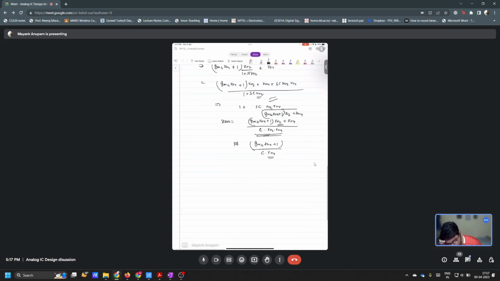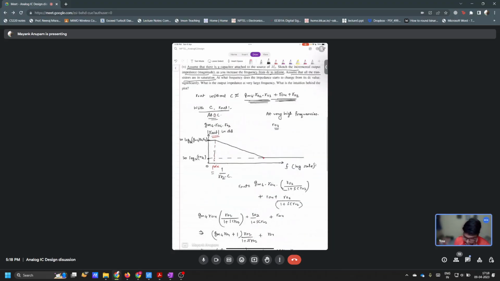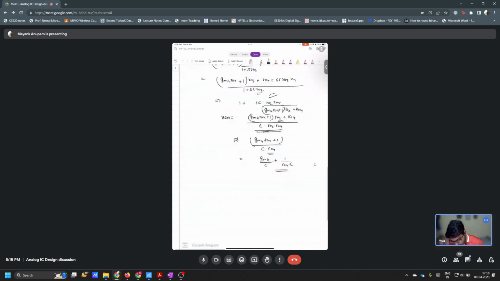You can simplify it further to GM4 divided by C plus 1 over RO4 into C. So this is what it is.